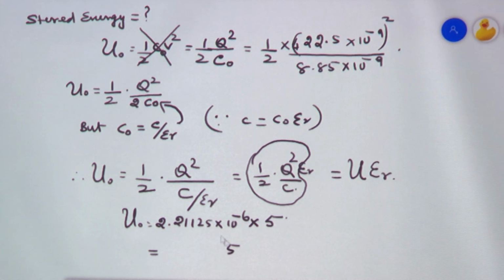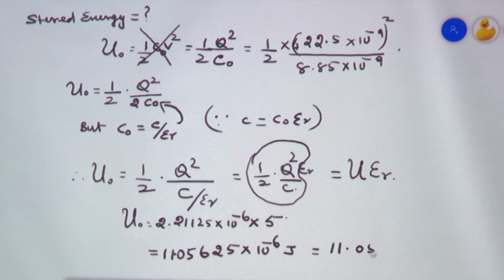5 into 5, 25; 5 into 2, 10, plus 2, 12; 5 into 1, 5, plus 1, 6; and so on. So you are getting the answer as 11.05625 into 10 to the power of minus 6 joule, which can be simplified as 11.05 into 10 to the power of minus 6 joule.